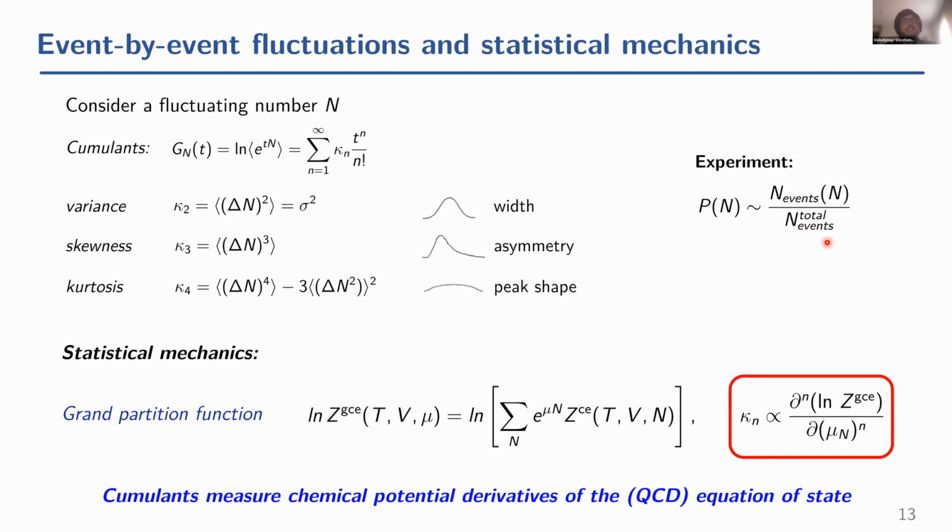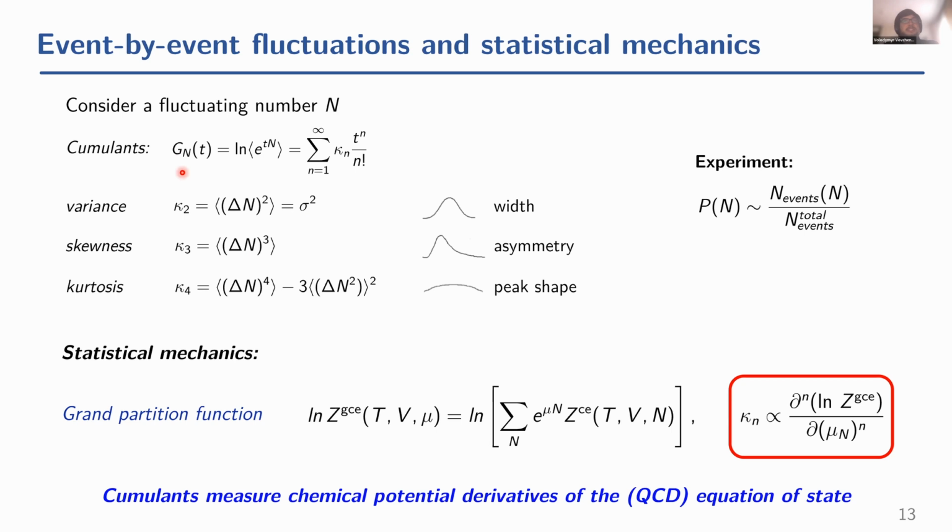And if you have a probability distribution, you can study its properties, like the central moments, which are the most common, but for critical point physics, what is more convenient to look at are the so-called cumulants. And this is the cumulant generating function, a generic expression.